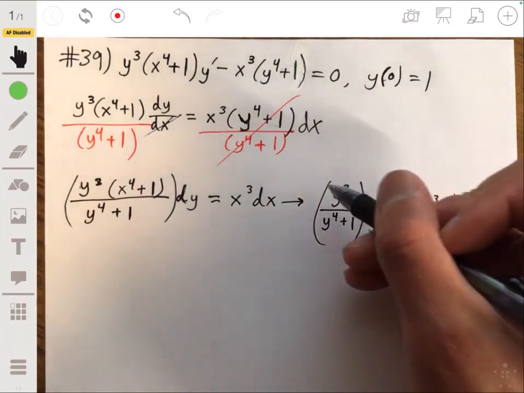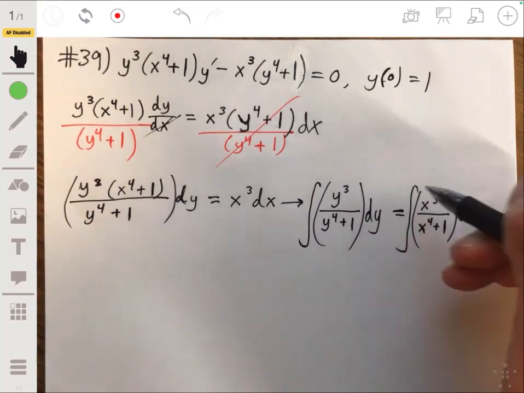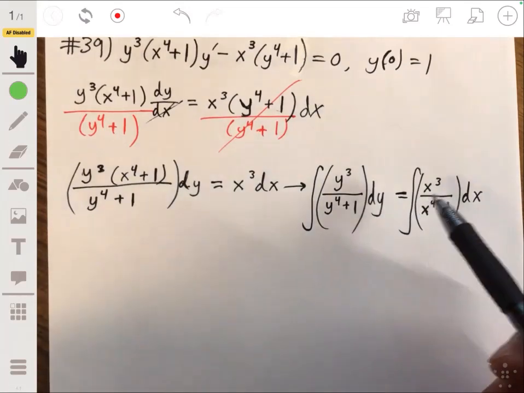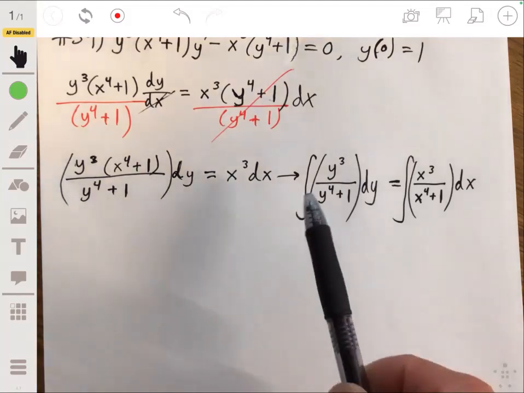It looks both the same. So now the variables are separated, so now we can take the integrals of both sides. For this, I was going to say use substitution. Let me think for a second. So y to the fourth, yeah.